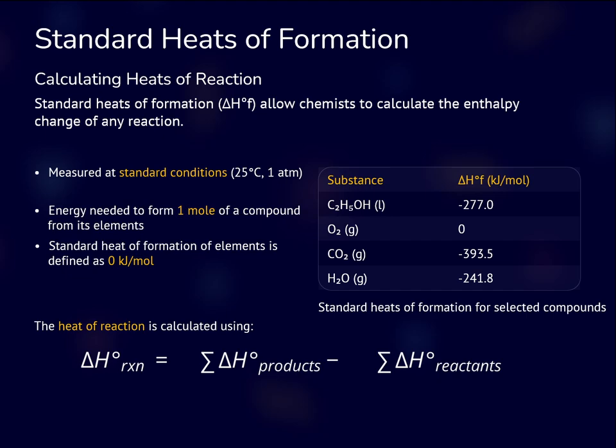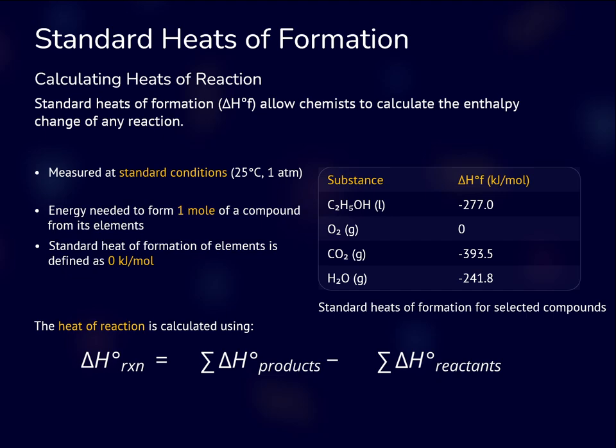We can also use standard heats of formation, which is typically denoted as delta H sub f naught. Now, we can use this value to calculate a reaction's energy change. But let's go over our definition of standard heat of formation first. It's the energy needed to form 1 mole of a compound from its elements under standard conditions.